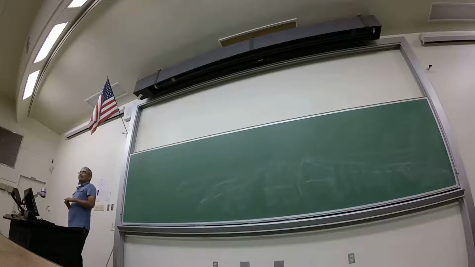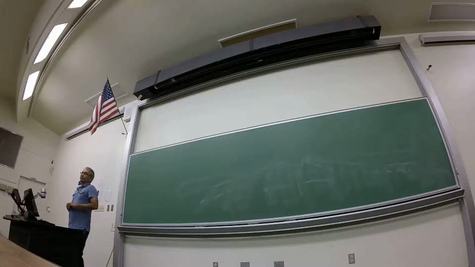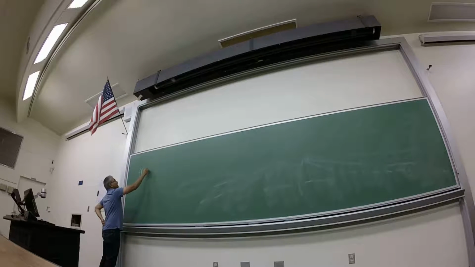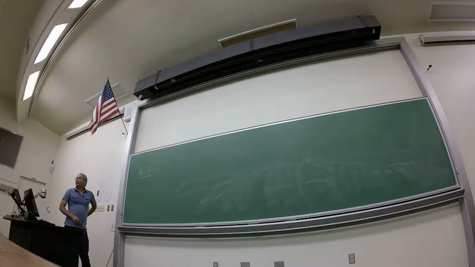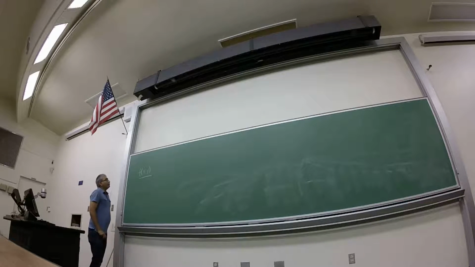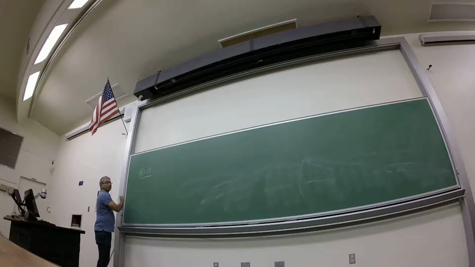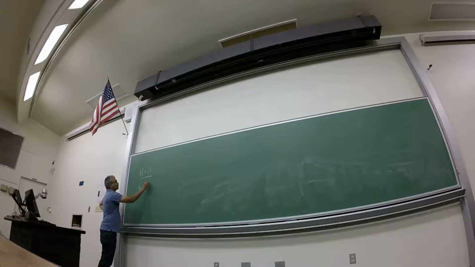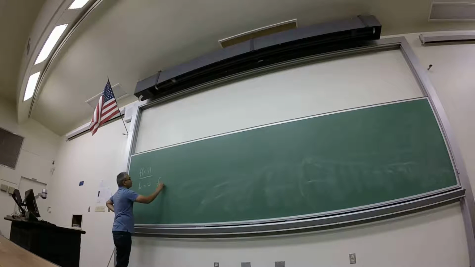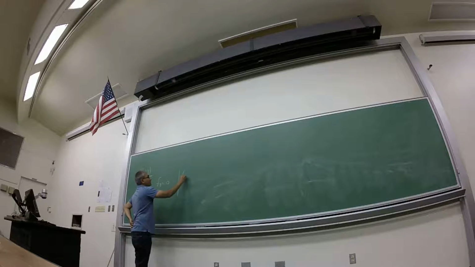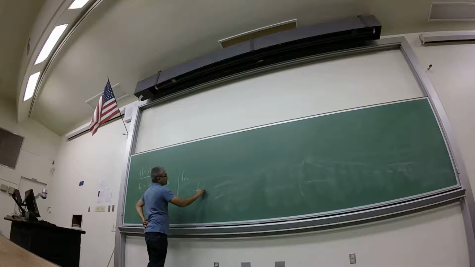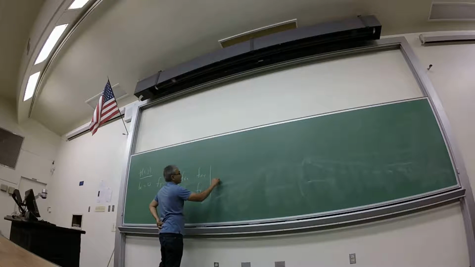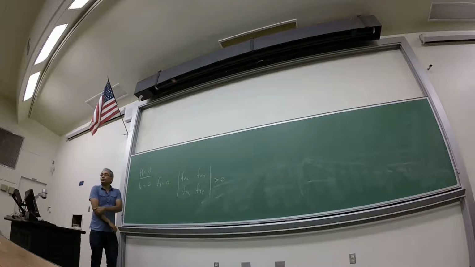Alright, so last class we were talking about two-variable optimization. So f is a function of x comma y. And finally we derived that the conditions for a maximum or minimum are that fx must be 0, fy must be 0, and the matrix of fxx, fyy, fxy, fyx must have a positive determinant.